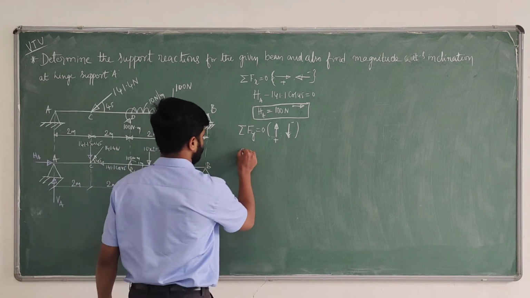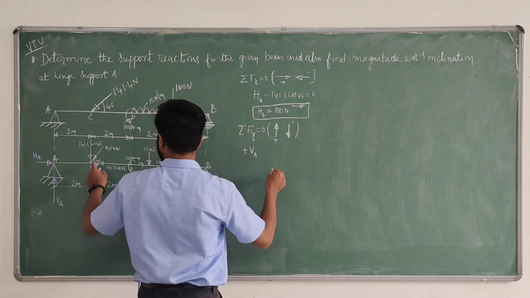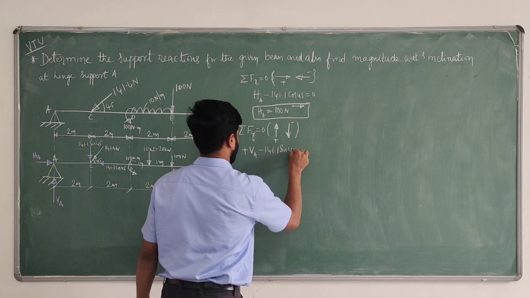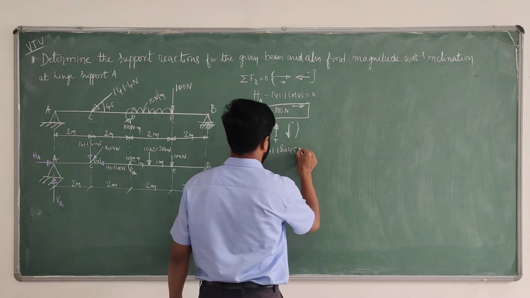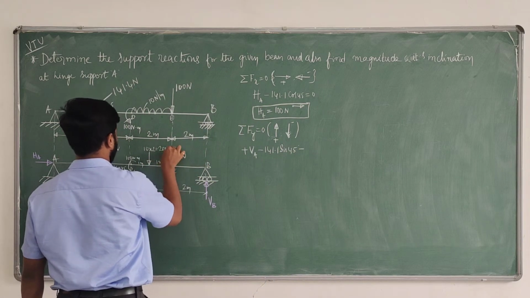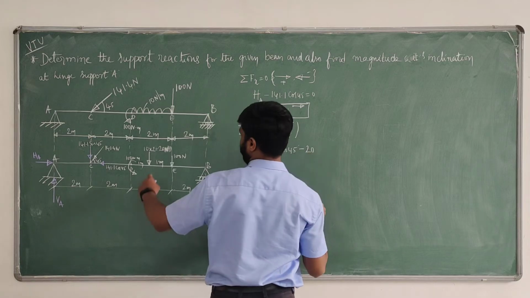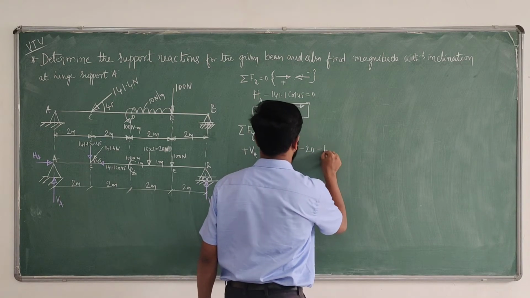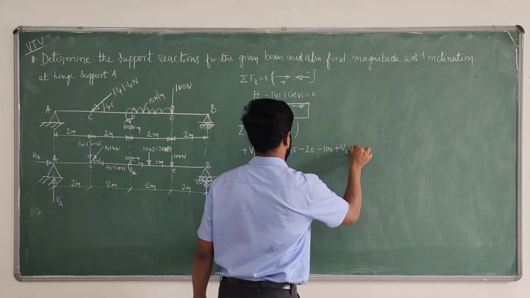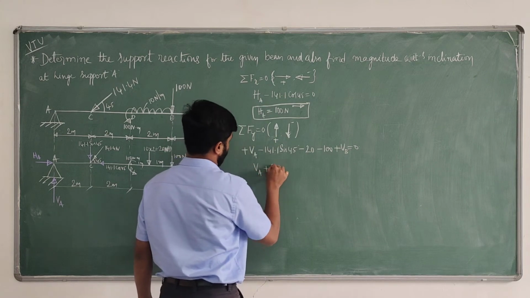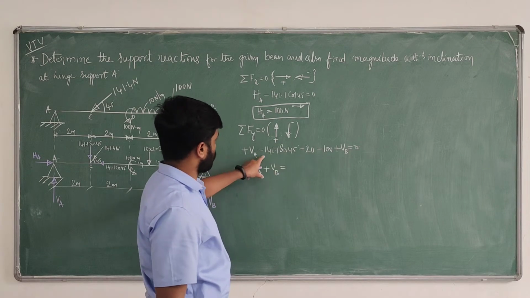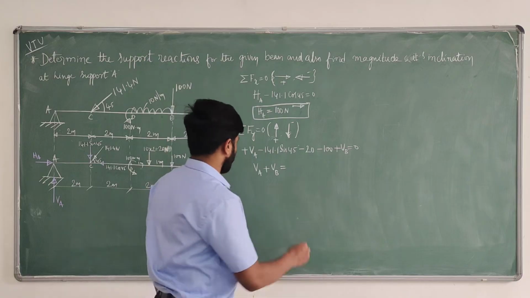So plus VA minus 141.1 sin 45, minus 20, this is Newton, 10 into 2 Newton, minus 20, next minus 100, plus VB equals 0. So VA plus VB equals, add these three things, 120 plus 141.1 sin 45, which is 219.77.